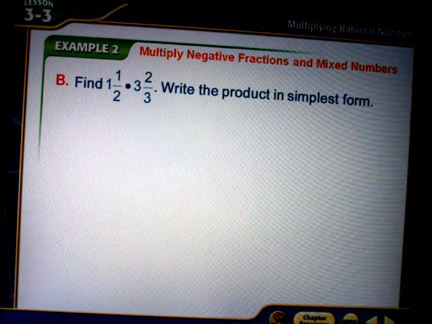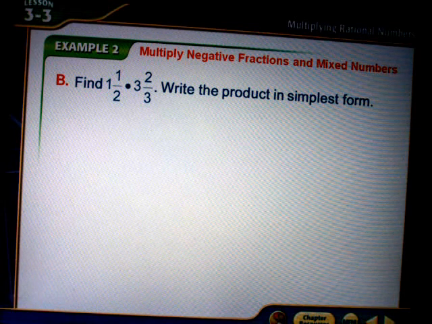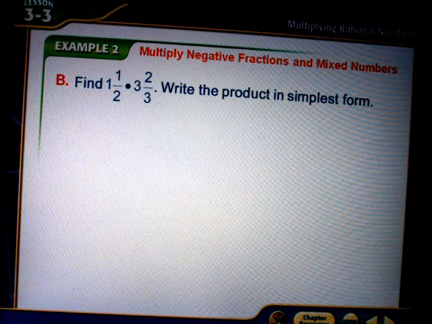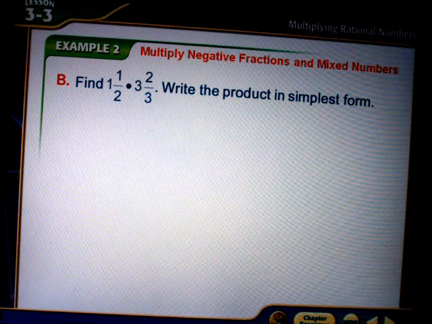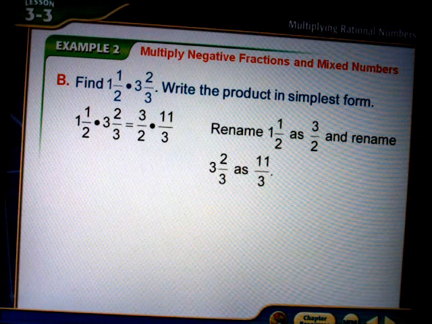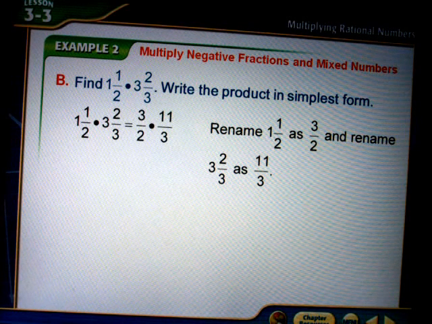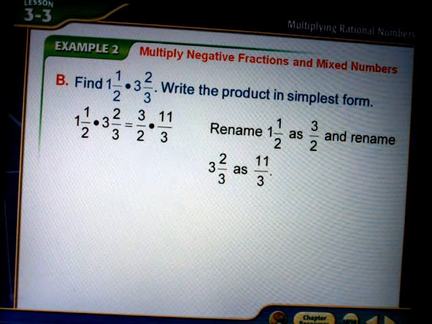So now, with these two mixed numbers, you're going to find the product of 1 1/2 and 3 2/3 and write the product in simplest form. Now when you multiply mixed numbers here, you're going to have to convert them both to improper fractions. So 1 1/2 becomes 3/2, and 3 2/3 becomes 11/3.